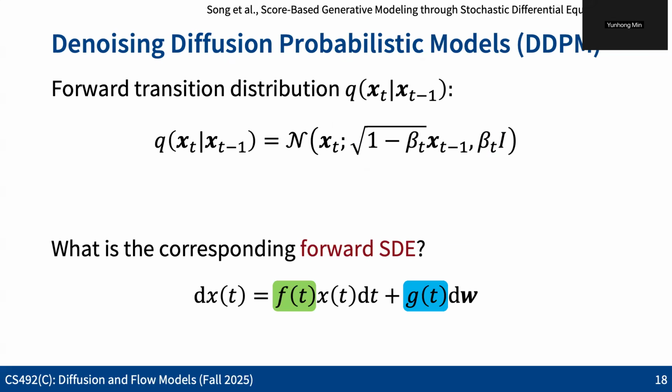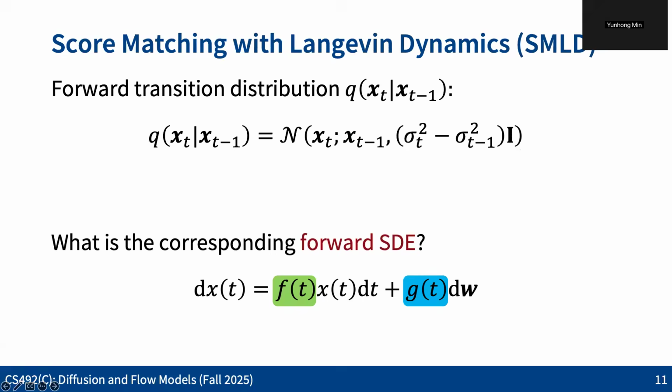So what is the corresponding forward SDE? What we can see here is that in the SMLD case, the mean of the transition distribution for XT was exactly XT minus 1, without any additional term, right?